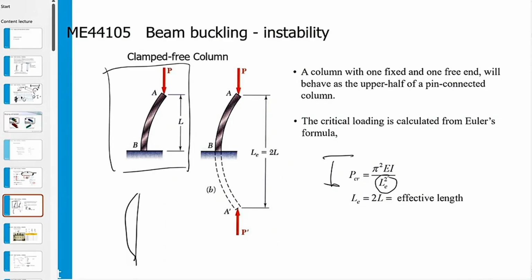This is the default shape. So this is the critical buckling length, the Euler buckling length.